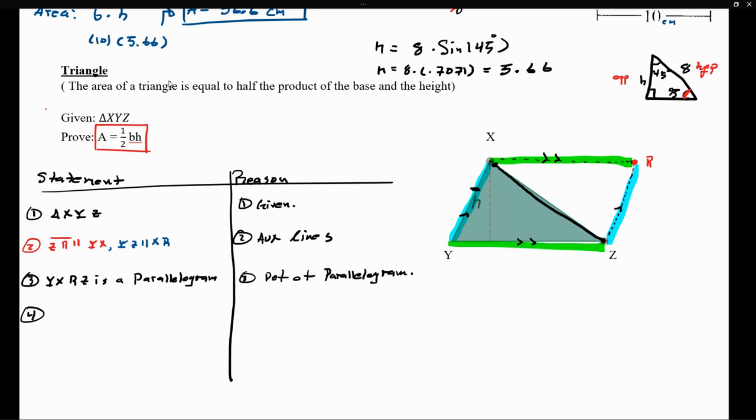So we got that this side is congruent to this side and this side, because these are just properties of parallelograms, and XZ is reflexive to each other. So now notice, let's just write that down. We know that YX is congruent to ZR, YZ is congruent to XR, and the reason why that is true is because those are just properties of a parallelogram.